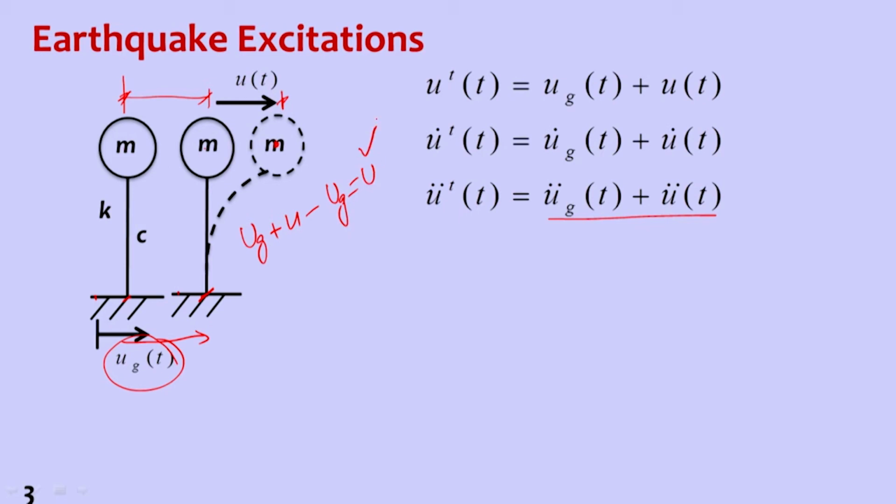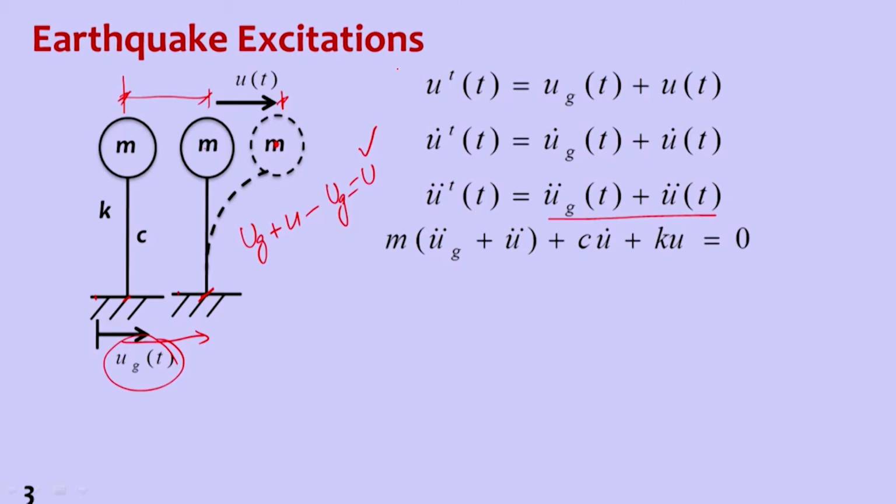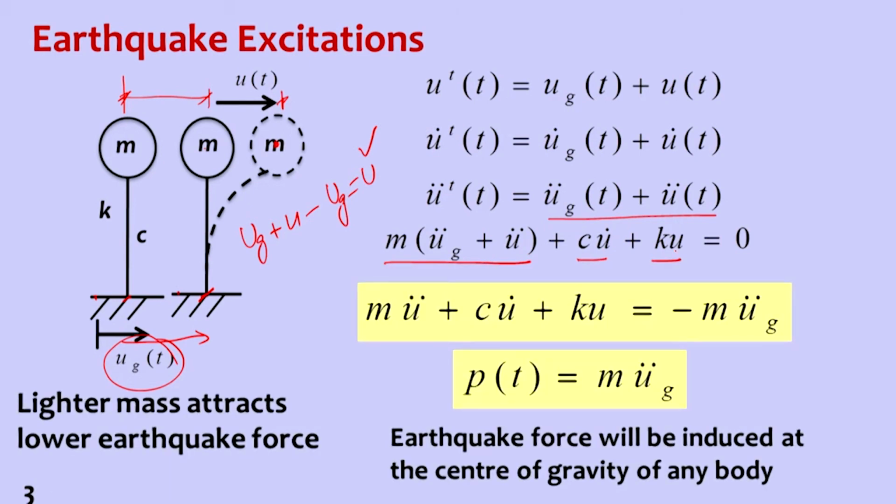U is the relative displacement. So stiffness force is related to relative displacement, inertia force is related to absolute acceleration, and damping force is related to relative velocity. If we write the equation of motion with inertia, damping and stiffness forces, it becomes m u double dot plus c u dot plus k u equal to minus m u double dot g. So earthquake force is nothing but mass times ground acceleration.